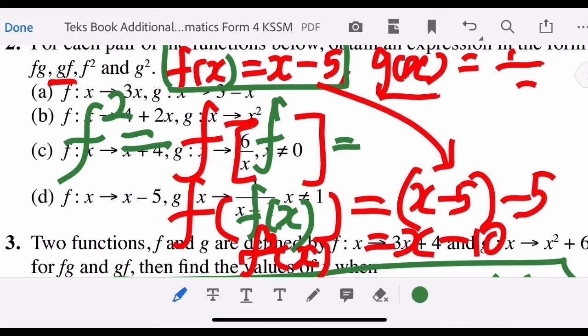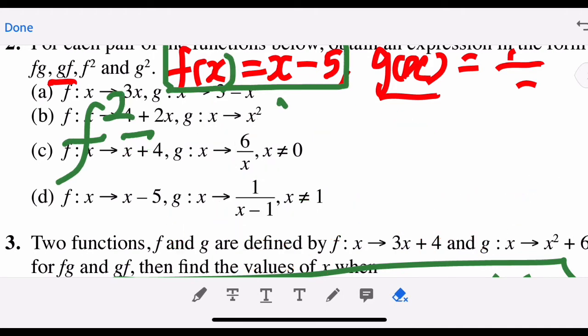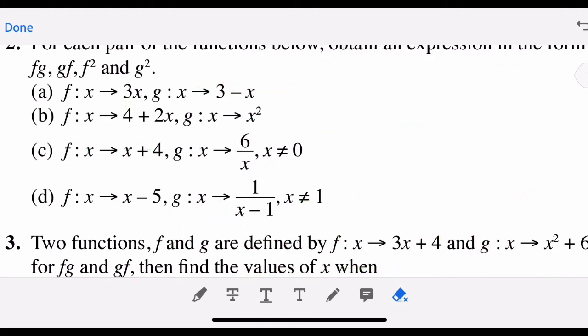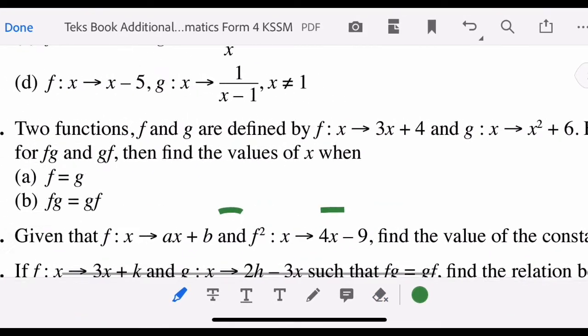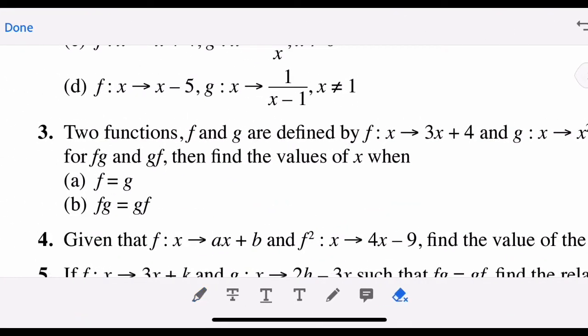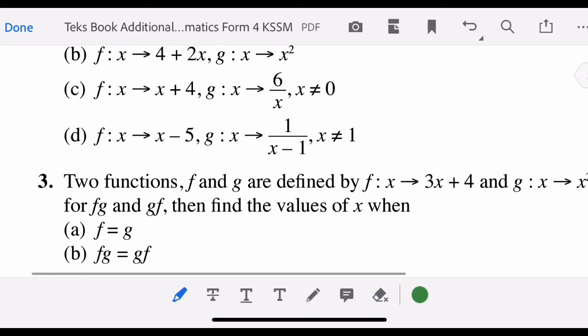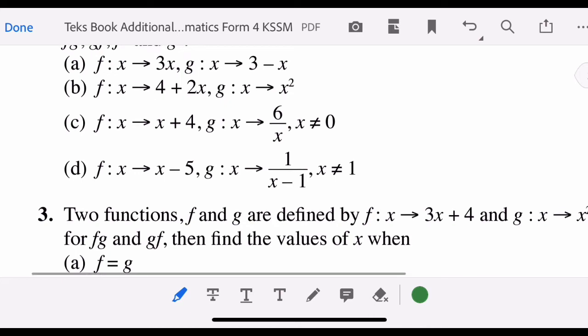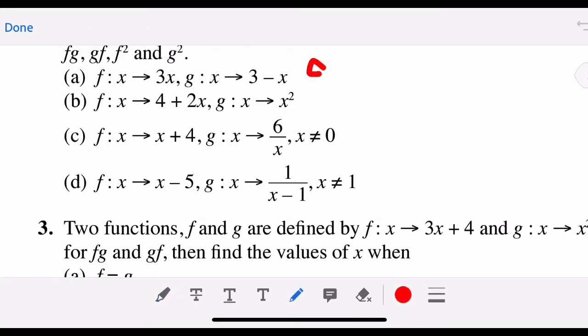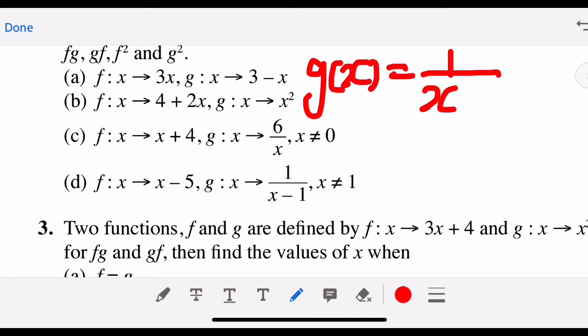Okay, so now I'm going to discuss g2, because students tend to say it's tough because it involves fractions, right? So let me show you how to do it. For g2, you know your g is 1 over x minus 1, right?